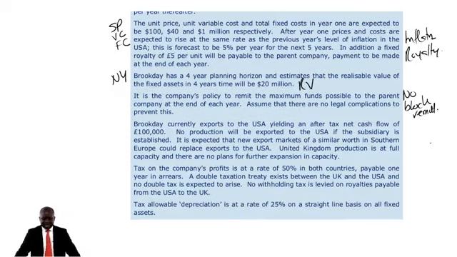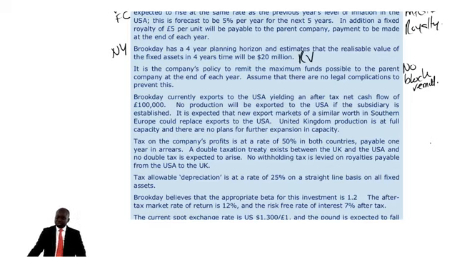Brockday currently exports to the USA, yielding an after-tax net cash flow of 100,000. No production will be exported to the USA if the subsidiary is established. That 100 we were exporting to US. So if we are going to establish the subsidiary, we cannot actually export there. It is heading me towards something like an opportunity cost. But listen to this.